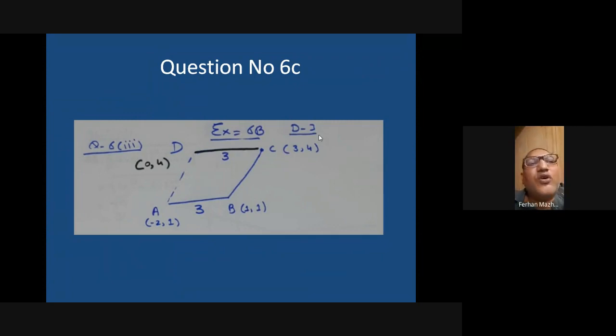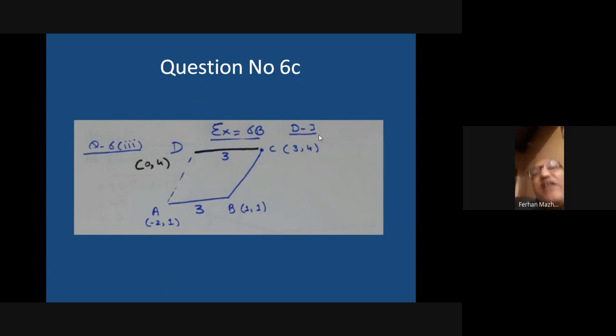Okay. So you know that in a parallelogram, the opposite sides are equal. If you look at the diagram, from B to A, which is already drawn in the question, you have to move 3 steps horizontally towards the left. So the same thing you will do for D. From C, you will move horizontally towards the left 3 steps.